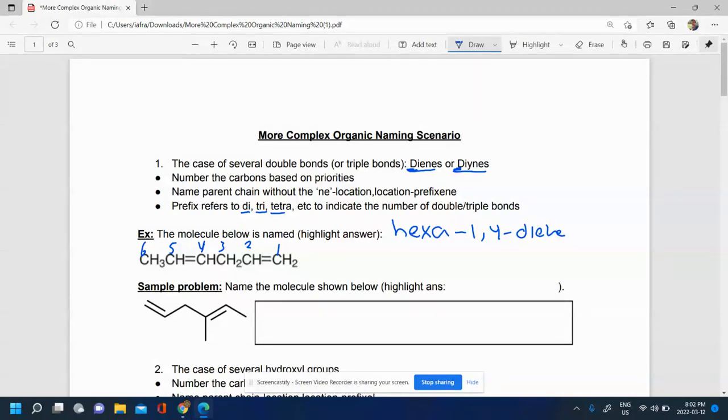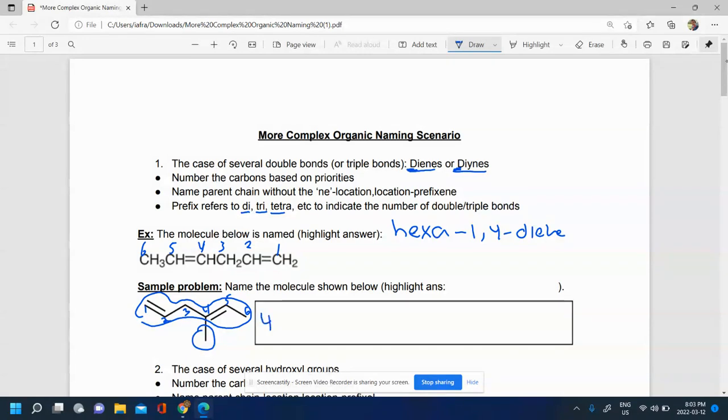We can try this problem out over here. So it looks like another diene. It looks like this is going to be the parent chain over here. It's the longest chain that has both double bonds in it. And a good place to start numbering would be from here to here. So 1, 2, 3, 4, 5, 6. So we have a substituent this time. We have a methyl there.